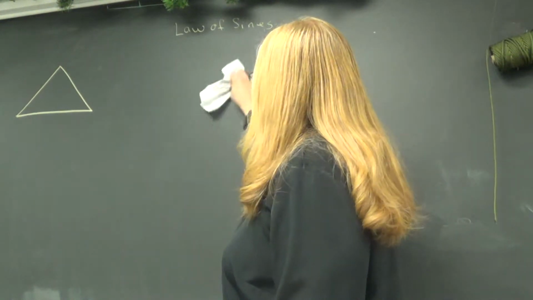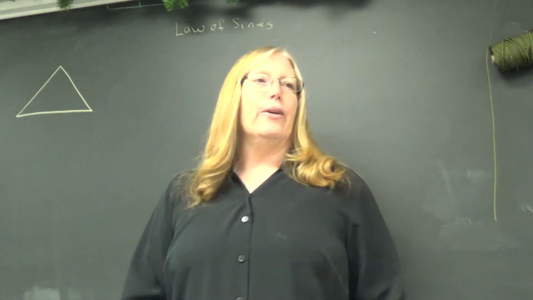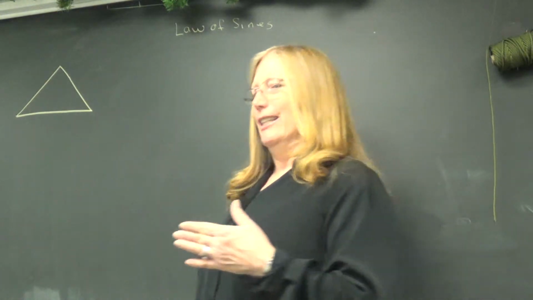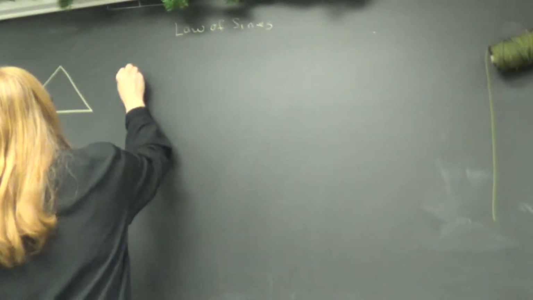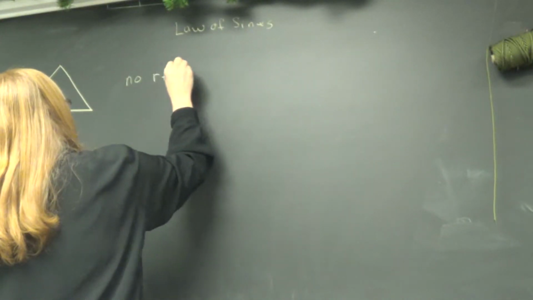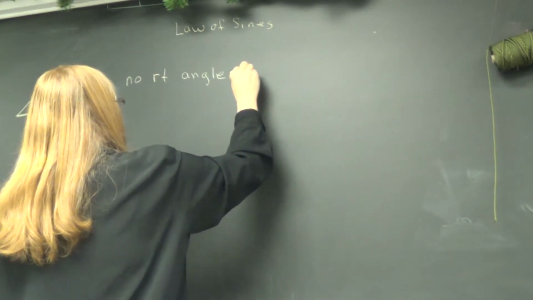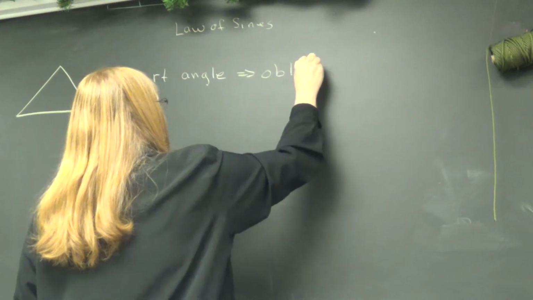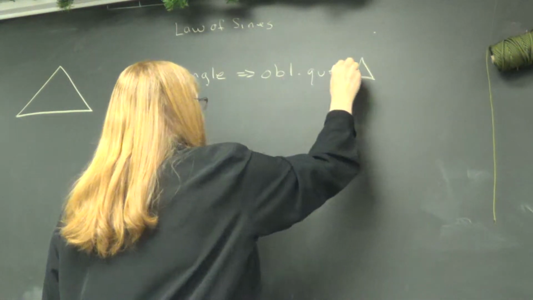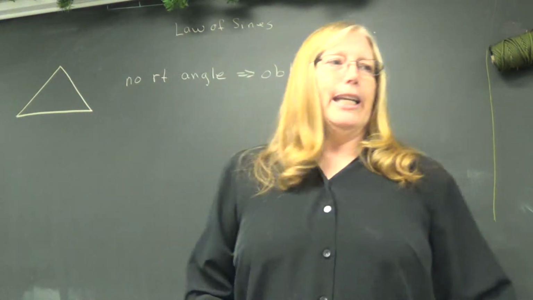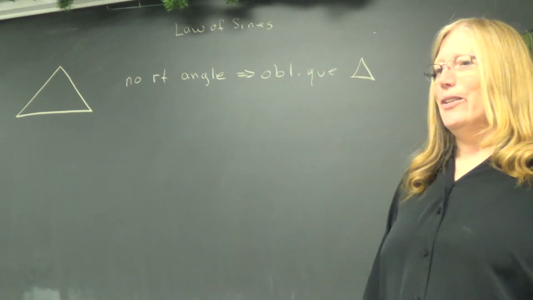What's a triangle called that has no right angle in it? No right angle is oblique. Oh, how bleak. Oblique triangle.